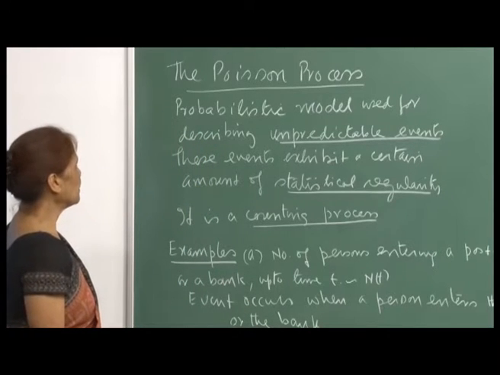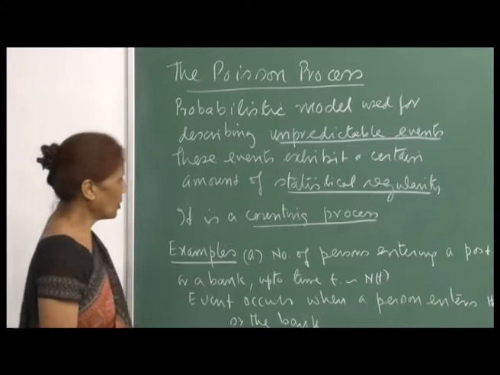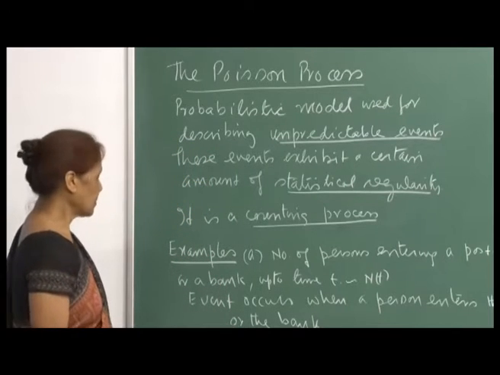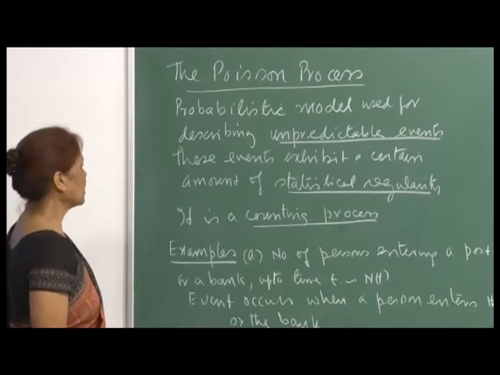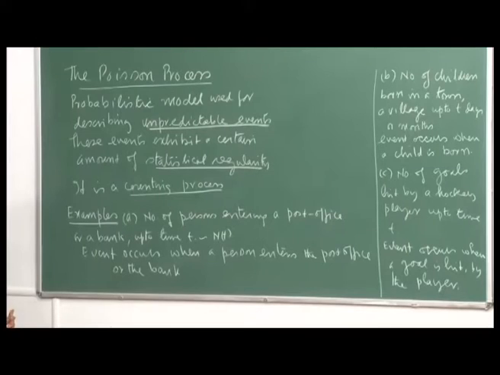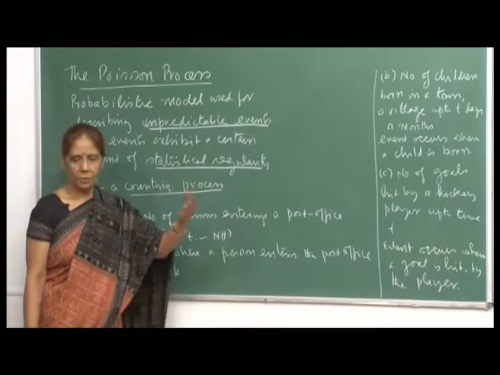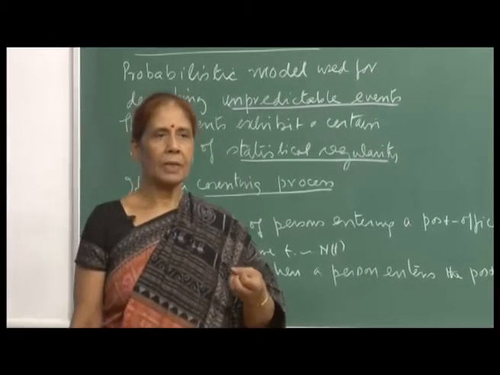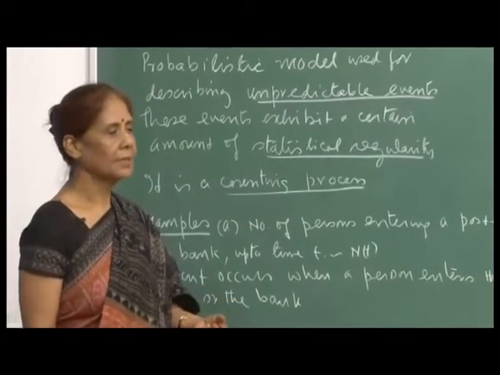So, the Poisson process is a probabilistic model, and when you model a situation, there are certain rules. The idea here is that you are modeling a situation where the events exhibit a certain amount of statistical regularity, which means you can approximate the occurrences by a probability density function.